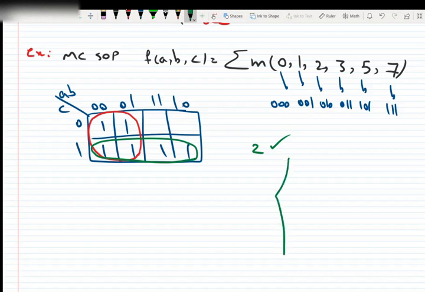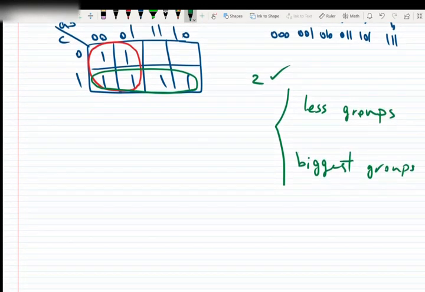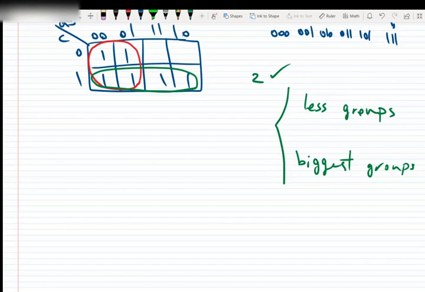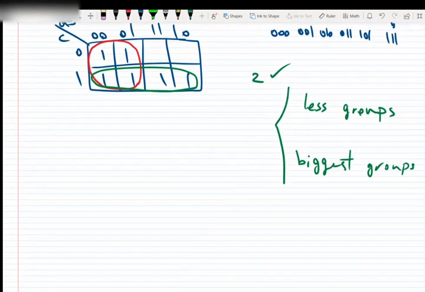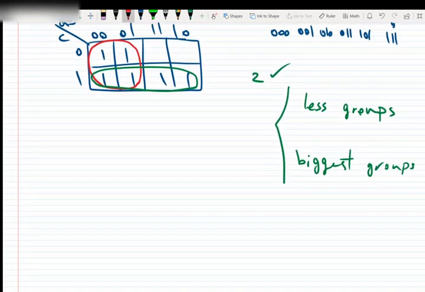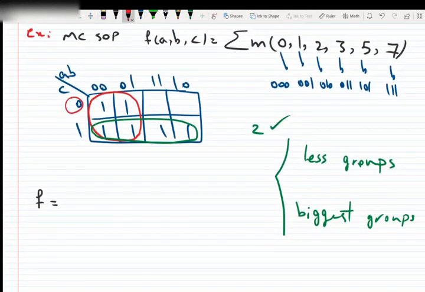So 2 conditions: fewer groups, biggest groups. Okay, so we have these two rules which we should consider. And now we can say the function is for the red one. For the red group, C is different for different minterms, so C is not in this term.